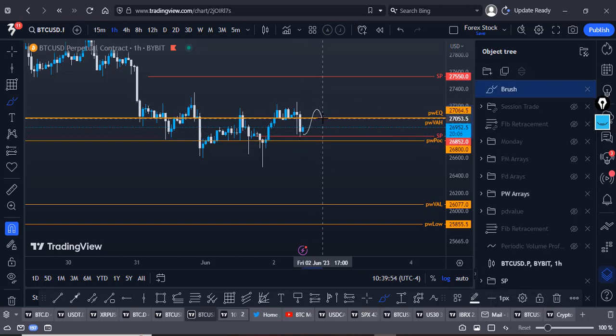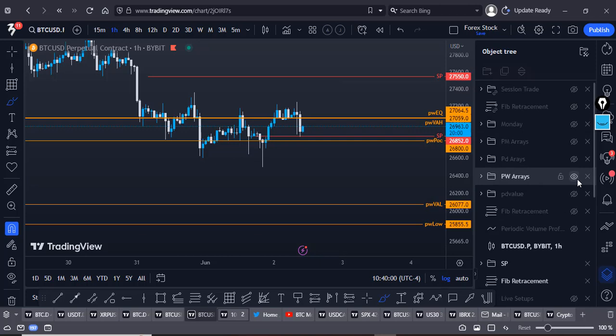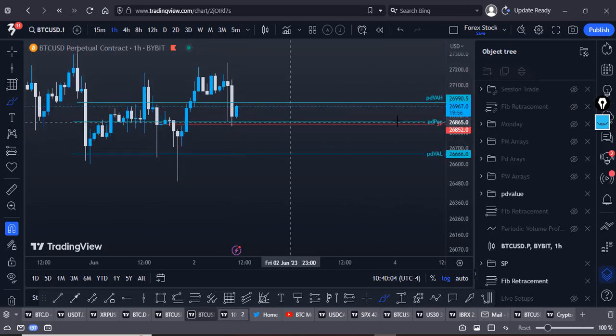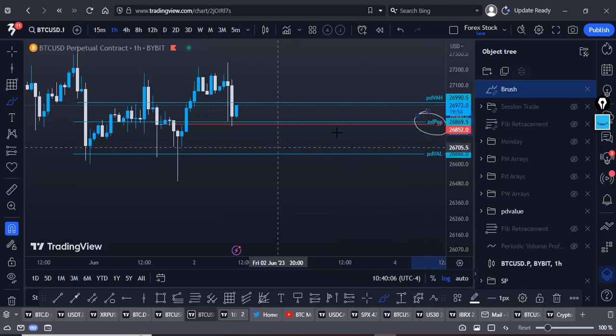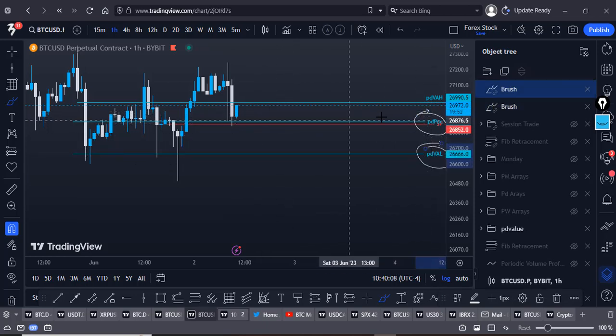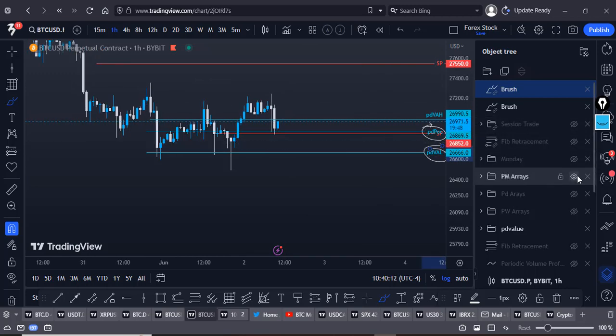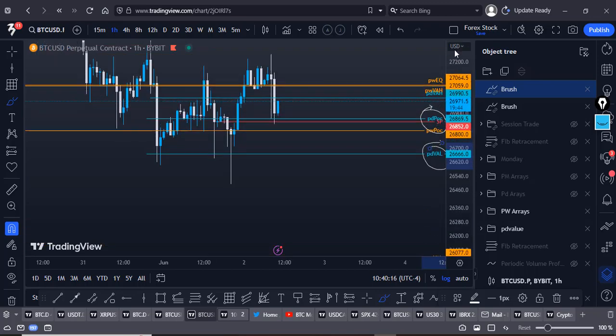Also, this previous weekly equilibrium and the previous weekly value area high need to flip into support to go back up towards our target. And this is the intermediate resistance right now. PDPOC, PD value area low, we are above it. This is a sign of strength right now.